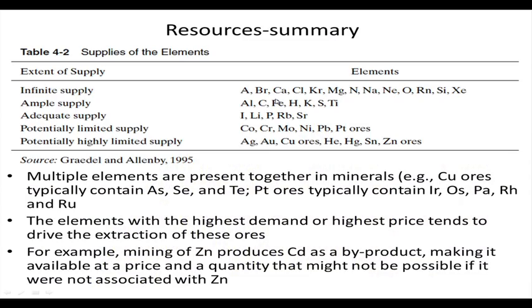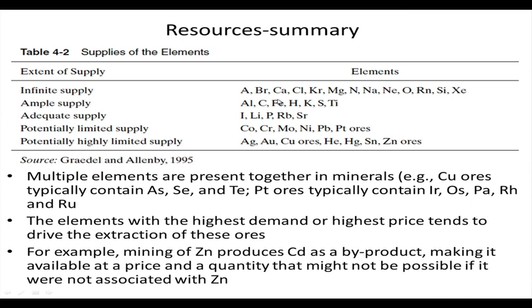The problem with that is, if arsenic goes into the mining overburden, not extracted, arsenic will have leaching issues. So for example, mining of zinc produces cadmium. There is another example here, that in terms of the economics, when you produce zinc, cadmium is produced as a byproduct. Although you are not really making any extra effort to get cadmium, since it is available as a byproduct of zinc production, cadmium becomes cheaper, because there is no extra effort to recover it.